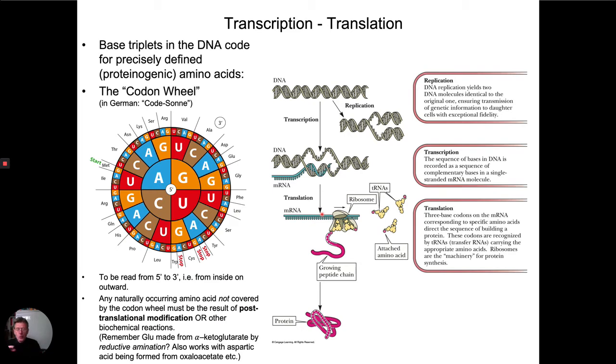So first, one or the other proteinogenic amino acid has been expressed here, has been synthesized according to the code, and then chemically modified. You might remember when we talked about the disease scurvy that hydroxylation of proline was extremely important, but hydroxyproline is not a proteinogenic amino acid, so this is a typical example of one naturally occurring amino acid not being proteinogenic, but being the result of post-translational modification.